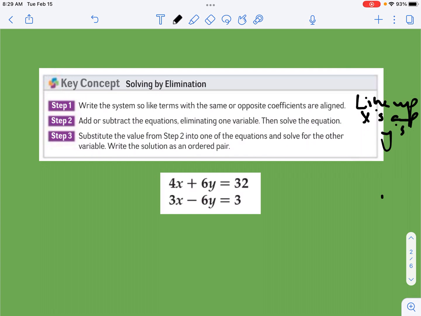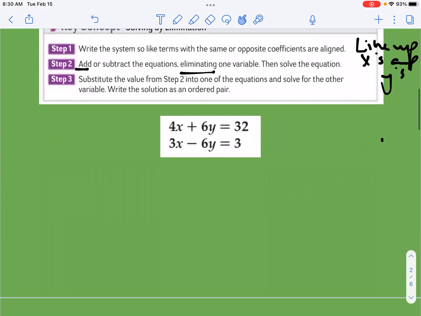Then it becomes kind of clear what you can and can't do with that. Then you'll add or subtract the equations. We're going to focus on adding in this video. Get rid of one variable, eliminate one variable, then solve the equation, and then you'll do the substitution back in to solve for the other variable, which you guys are familiar with from doing the substitution method for the whole thing.